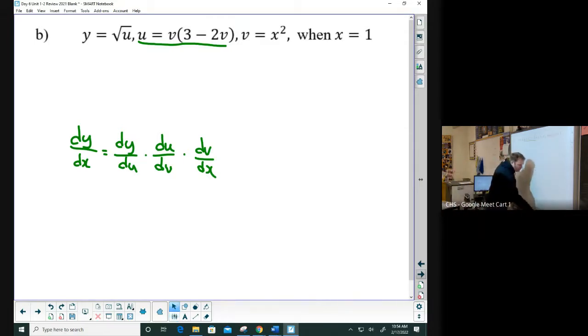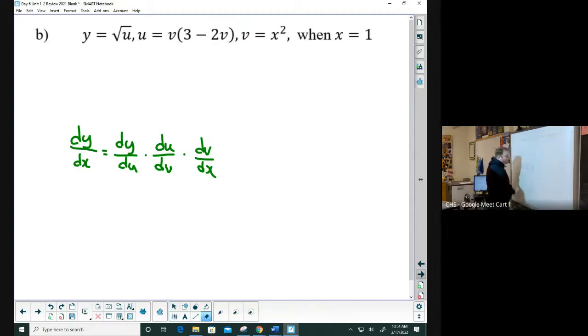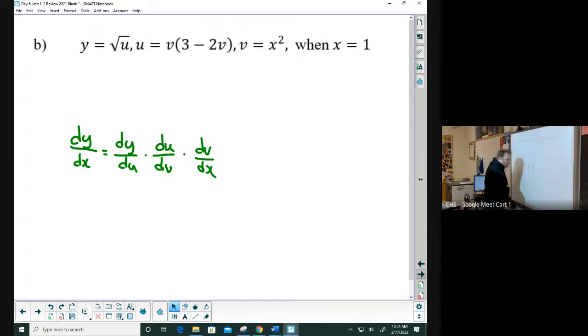Each of these can be made a little bit easier. The square root of u can be made easier by making it u to the 1/2. This can be made easier by doing a little mini rainbow.